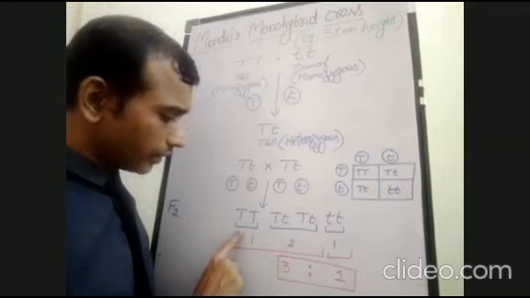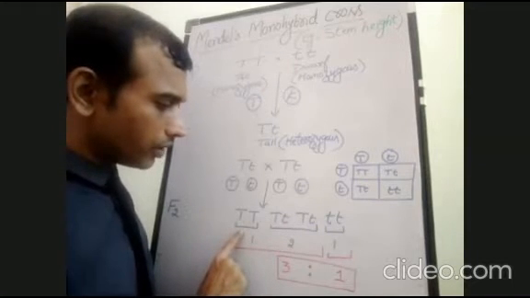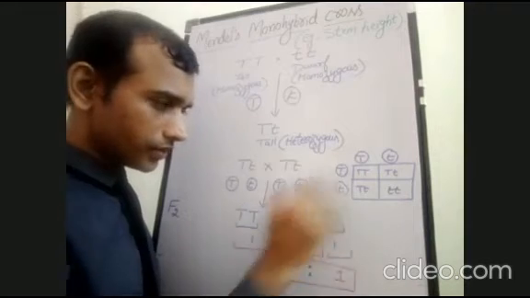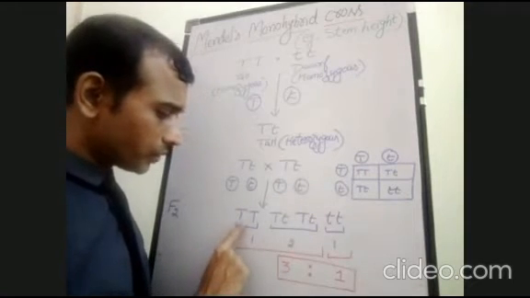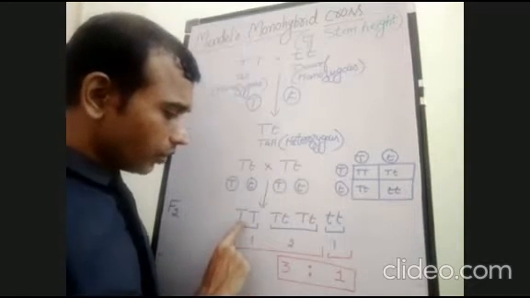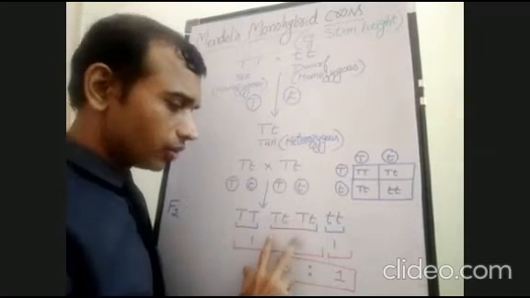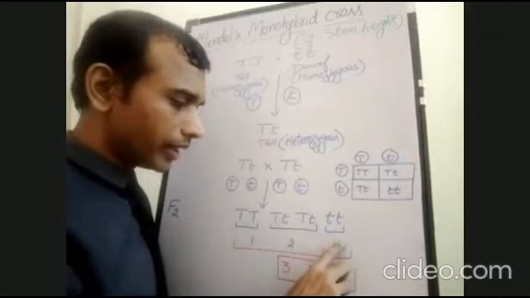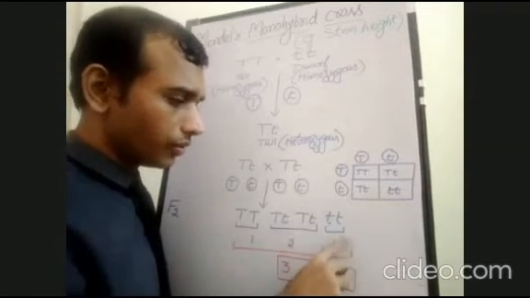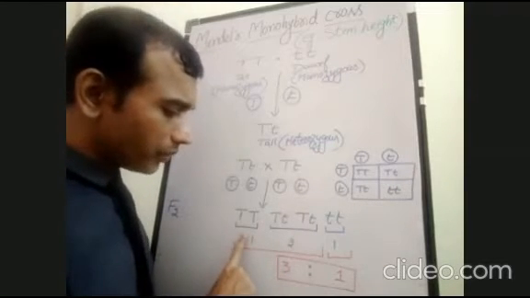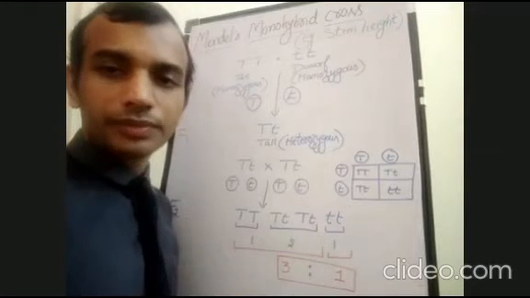If you look at the genotype, out of these 4 offspring shown in the Punnett square, we get homozygous tall 1, heterozygous tall 2, and homozygous dwarf 1. So the genotypic ratio that we get is 1:2:1.